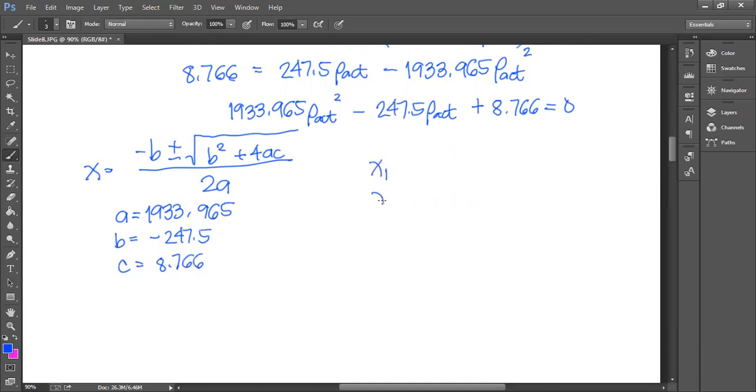So yung x1 natin and x2 ay equal to. So kung meron kayo sa calculator ng mode 5, 3, mas madali. Pero kung wala, mag-quadratic formula ka. So meron tayong 1933.965 and then negative 247.5, and then meron tayong 8.766.